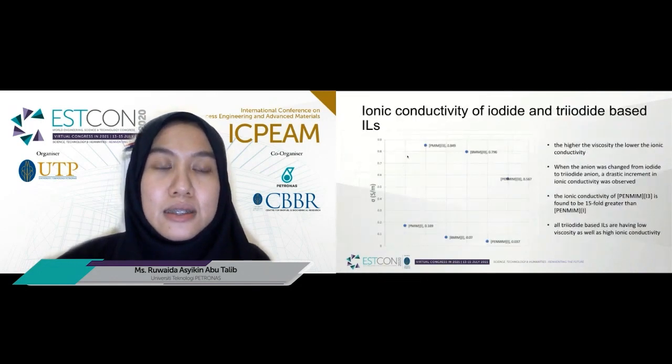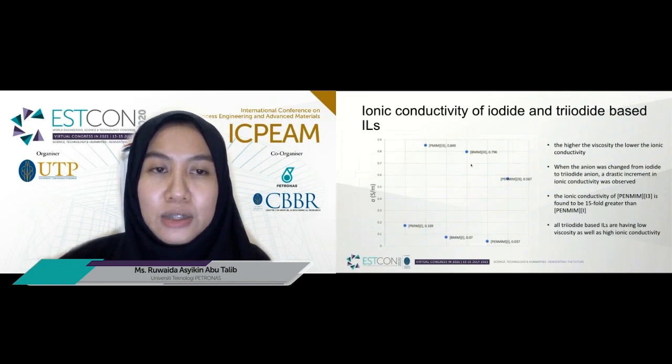This is the summary of ionic conductivity data of iodide and triiodide-based ionic liquids. If we refer back to the viscosity data, the higher the viscosity, the lower the ionic conductivity. For example, PMIM iodide has high viscosity, hence the ionic conductivity is low.